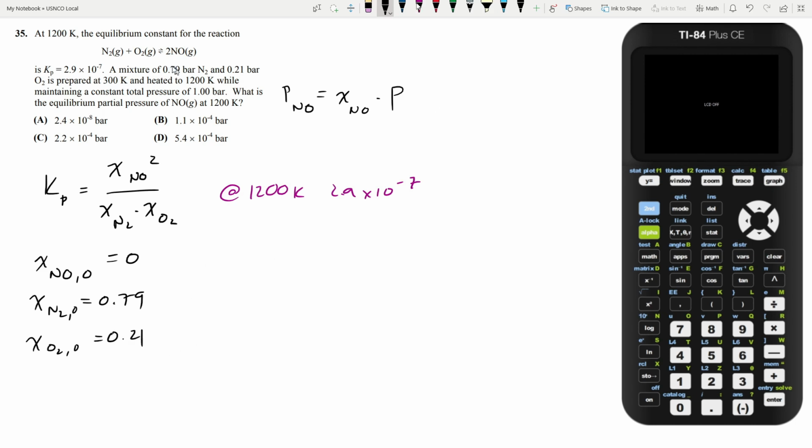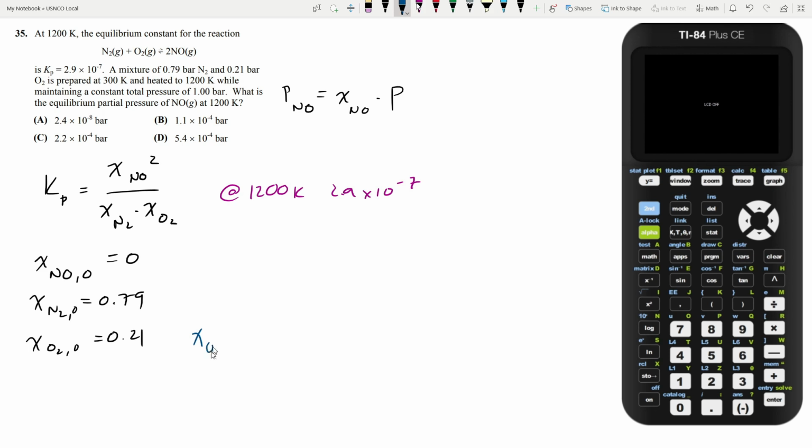This is coming from the fact that we're given our initial partial pressures. You can treat this as a partial pressure because you know your overall pressure is 1 bar. So your partial pressure is going to be 0.79 divided by 1. So that's fine.